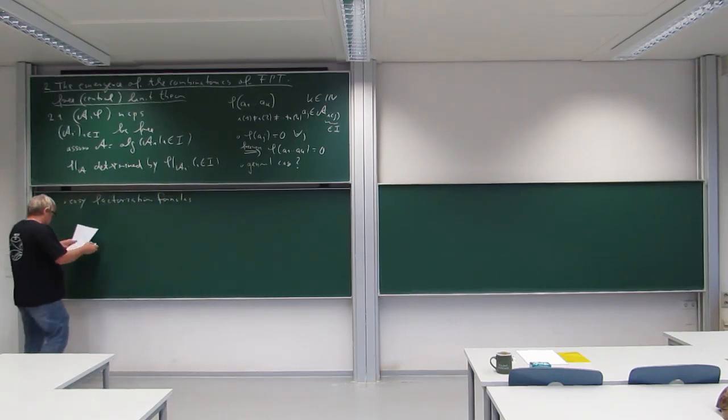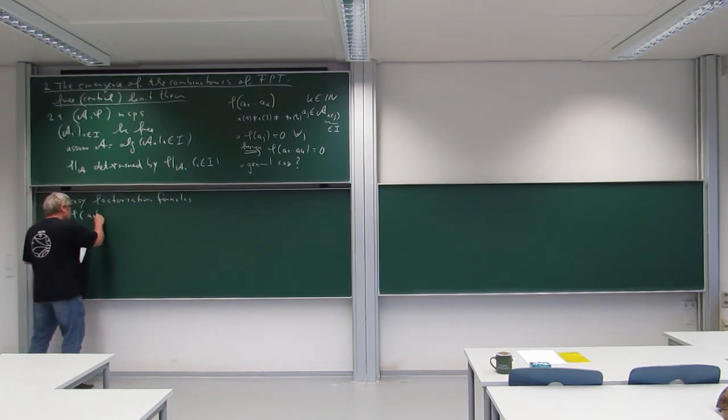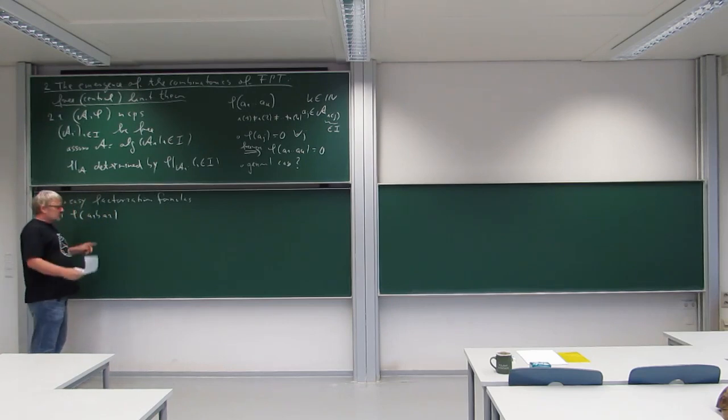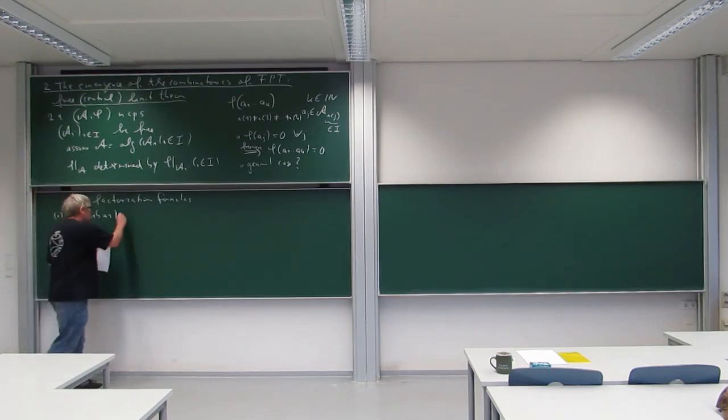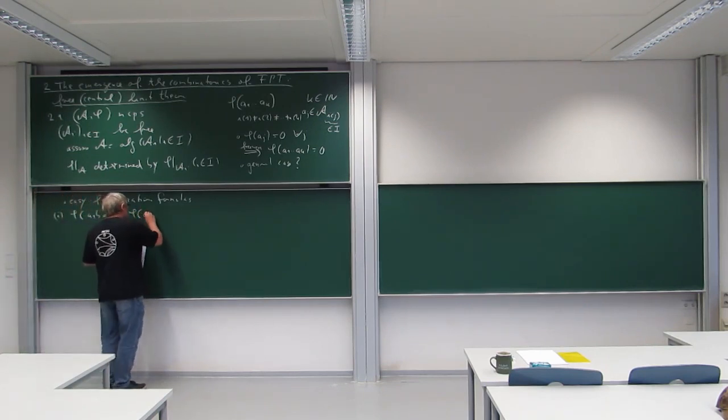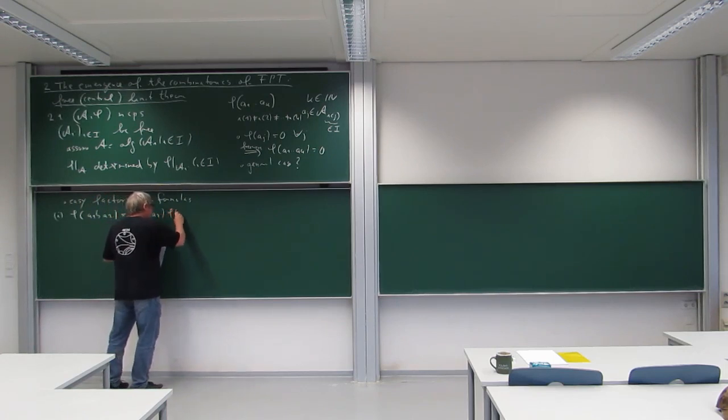And the main example for this is that if I consider phi of a_1 b a_2, where the a's are free from the b's, then this factorizes in a way which we know from classical independent variables. So maybe this is the same as phi of a_1 times a_2 times phi of b.